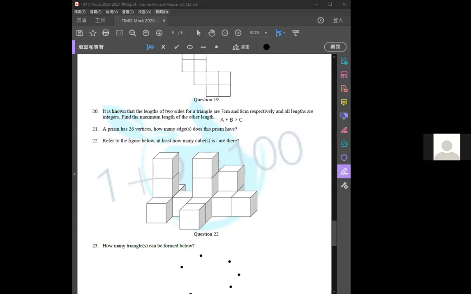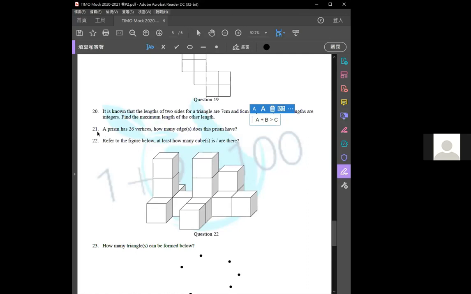Of course, you might ask, why not 14.99999? But we didn't make it that tricky. So the answer is 14, because of the triangle inequality. If you don't know about it, you can check it online. It's called the triangle inequality.